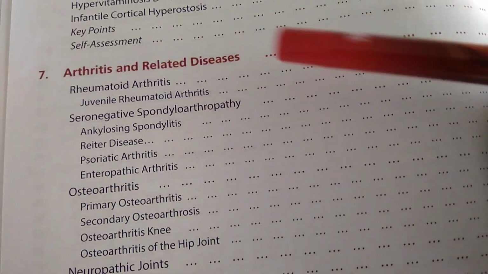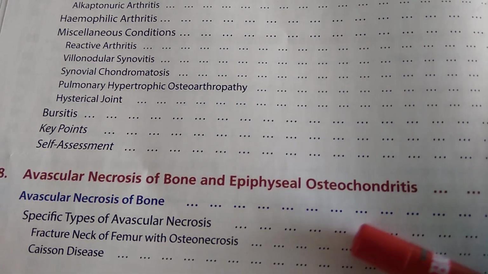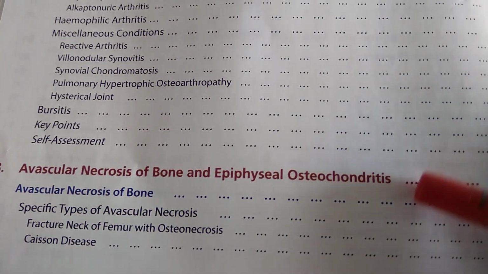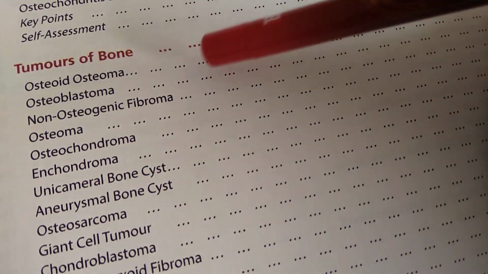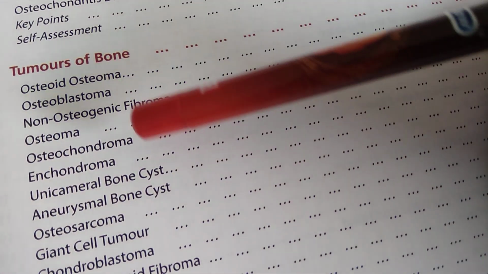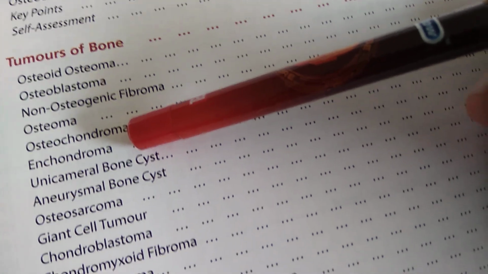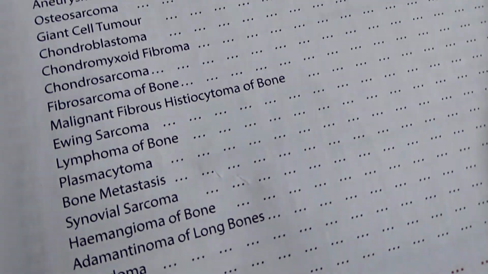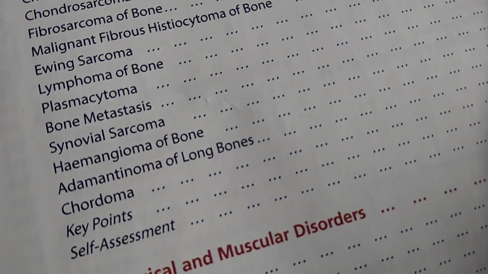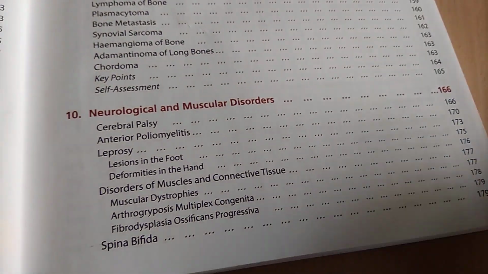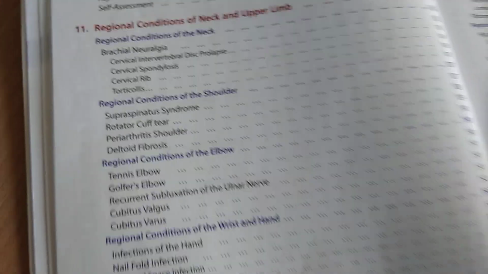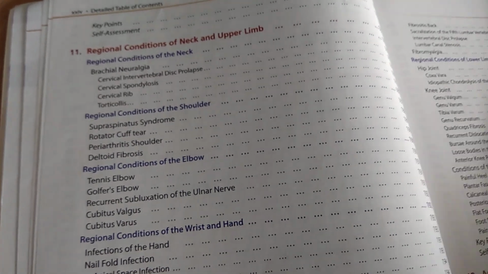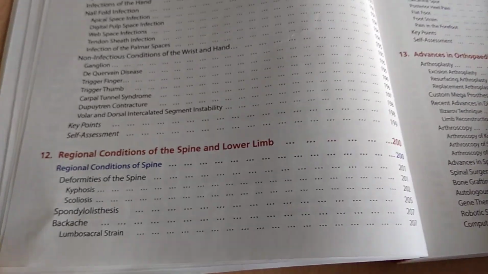Then arthritis, avascular necrosis, guys focus, osteochondritis, tumors of bone: osteoid osteoma, osteoblastoma, osteochondroma, enchondroma, osteosarcoma, giant cell tumor, what else, Ewing sarcoma, so many things, bone metastasis, etc. Neurological muscular disorders, cerebral palsy, etc. Neck and upper limb, spine and lower limb.